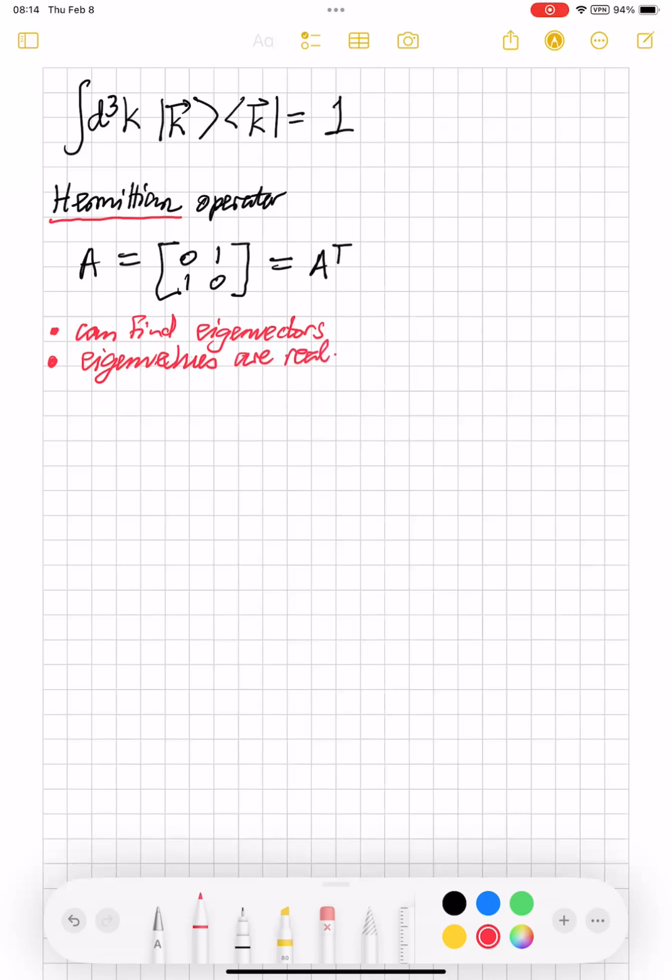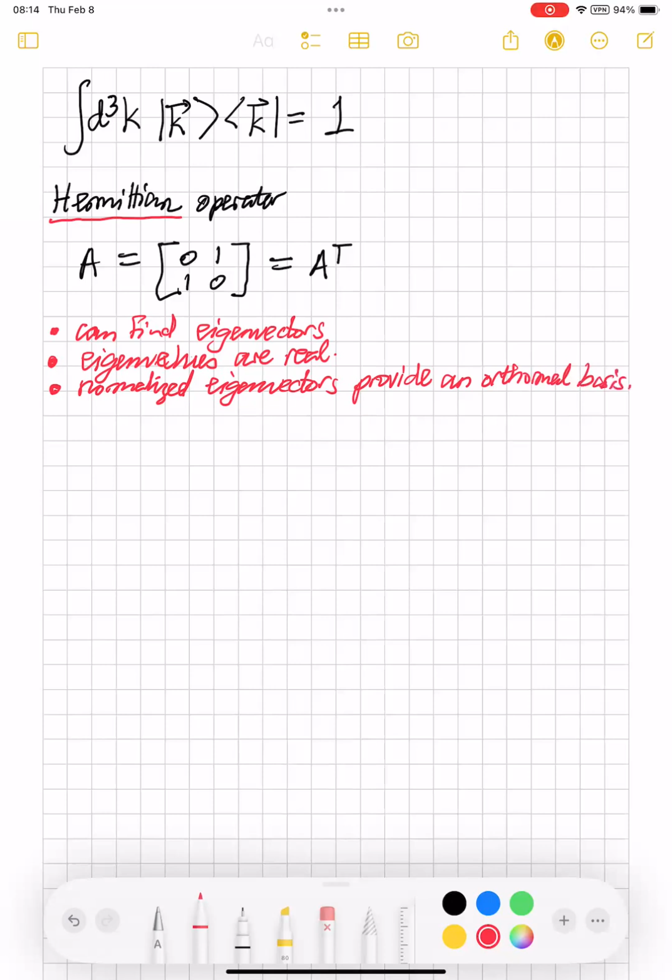And the last point, and this is really the point that is most important for us, is that the normalized eigenvectors provide an orthonormal basis.